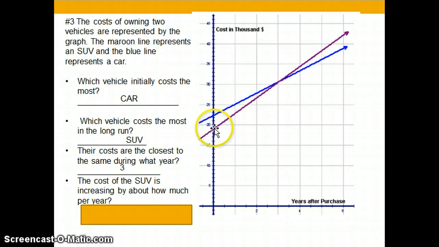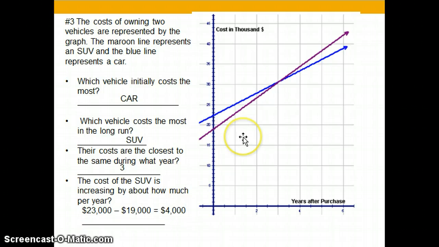So at year 0, it's at about $19,000. At year 1, this is about $23,000 right here. So to see how much it's increased in 1 year, per year, you do 23,000 minus 19,000, which is about $4,000 that it's increasing per year.